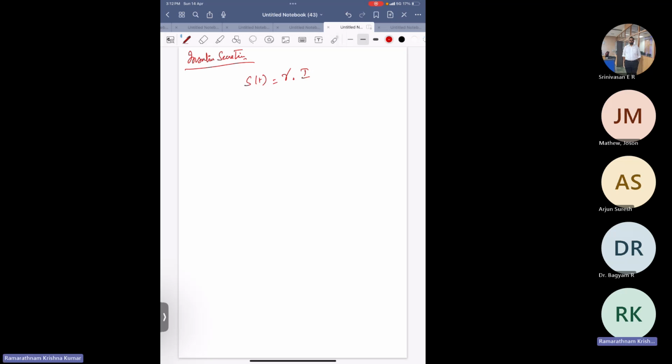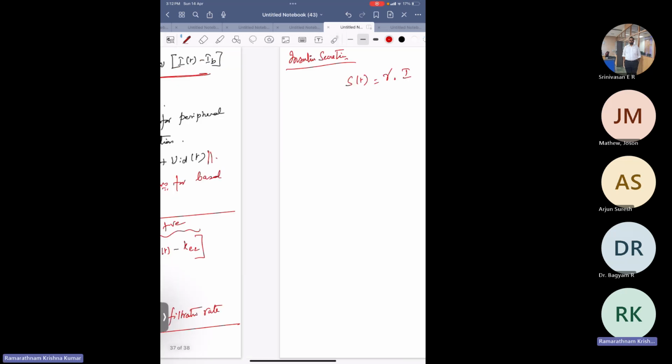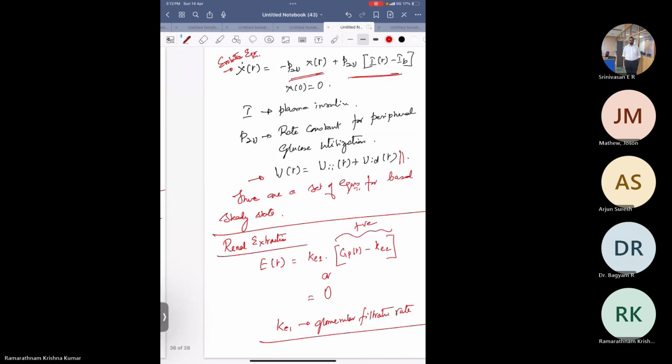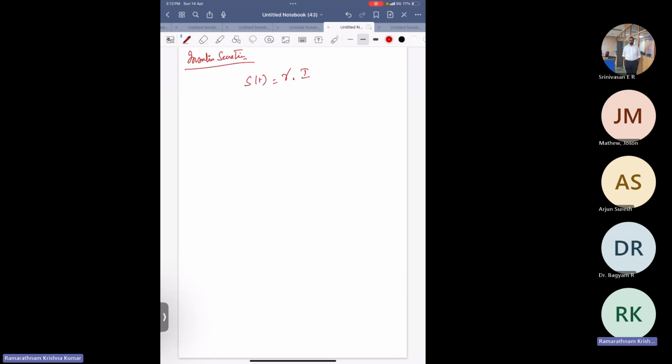So look at the compartment. On one hand, I have the insulin secretion. This is from the pancreas, insulin secretion from the beta cells. That's where it is coming from. Now I have two compartments. The liver has to tell that, look, you have to produce this.